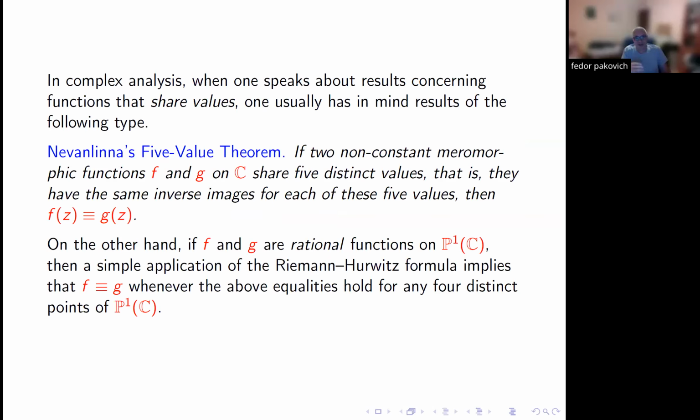So usually in complex analysis, when one speaks about results concerning sharing values, usually one has in mind results similar to this famous Nevanlinna five-value theorem, which says that if you have two non-constant meromorphic functions on C sharing 5 distinct values, that means that they have the same inverse image for each of these 5 values, then these functions are equal.